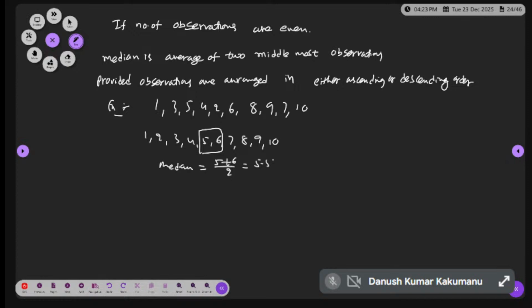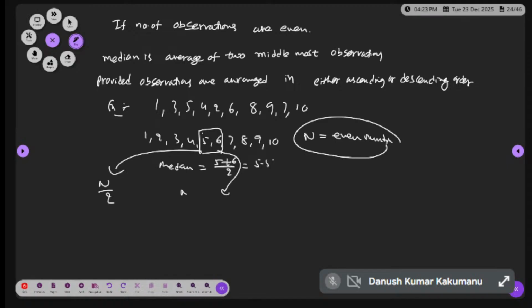If n is an even number of observations, this 5 is n by 2, and the 6 is n by 2 plus 1. They are the positions.